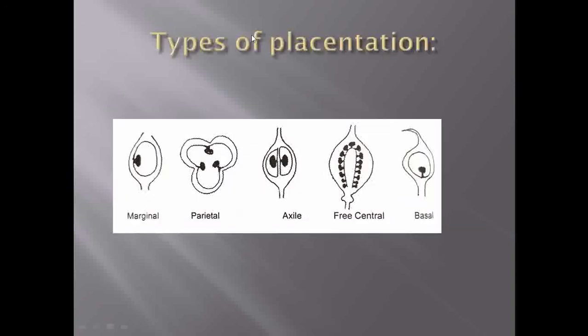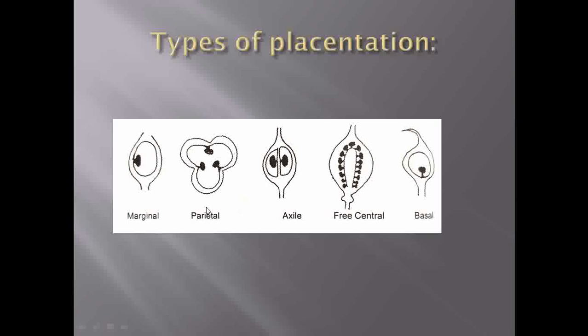So see here the types of placentation. Placentation means how the placenta is attached to the ovary. This type is called marginal placentation, in which the placenta is attached to the margins of the ovary wall, for example the pea plant or pea pod.